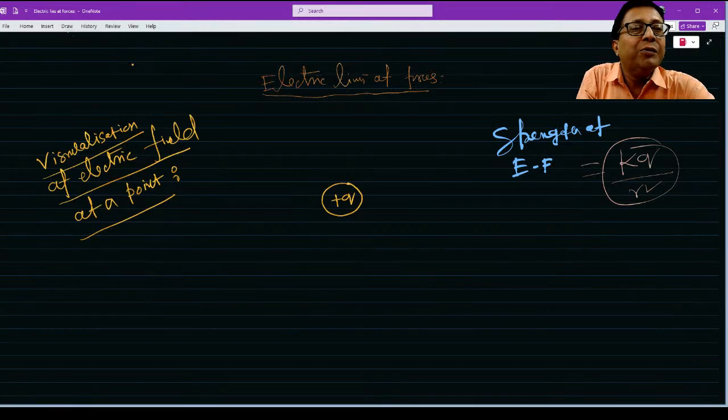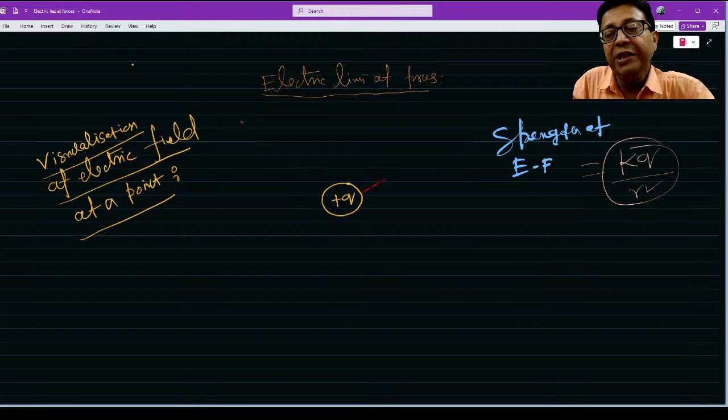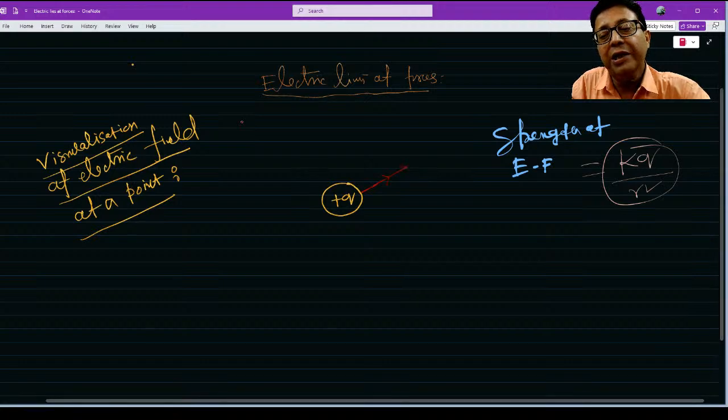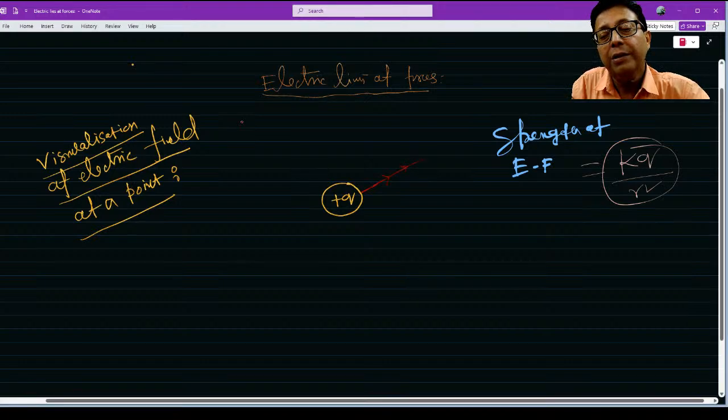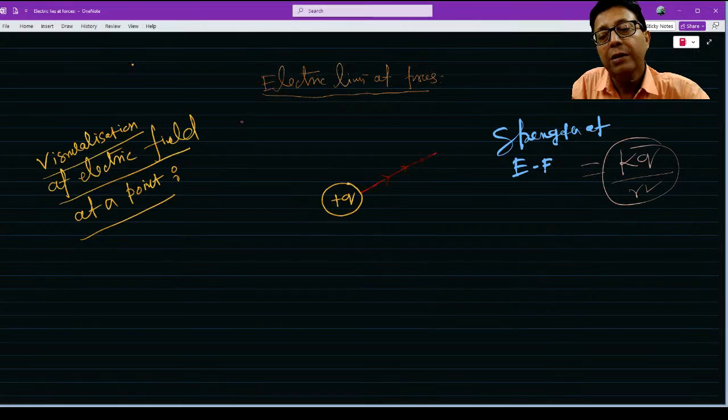So, what are you going to do there? You are going to draw something which will help you to visualize. Very close to the charge, the strength of electric field is strong. Then it gradually reduces.